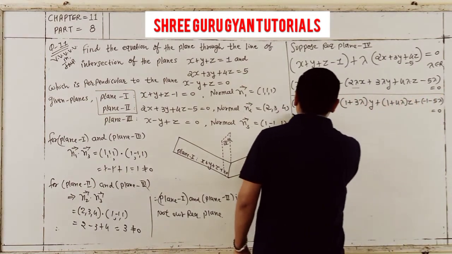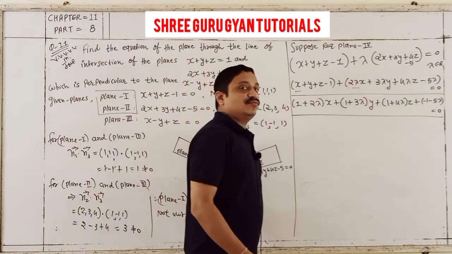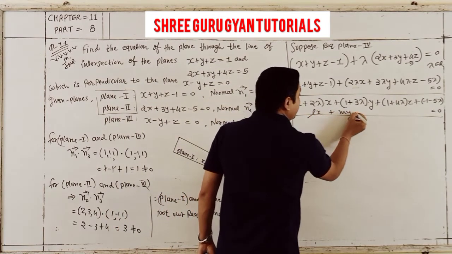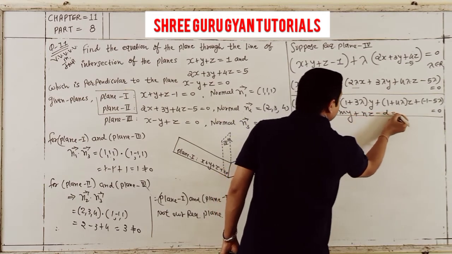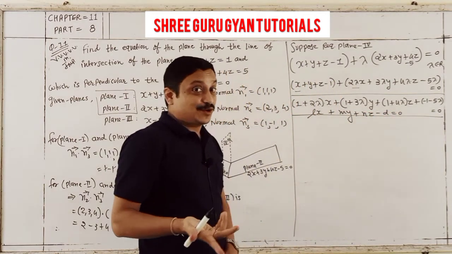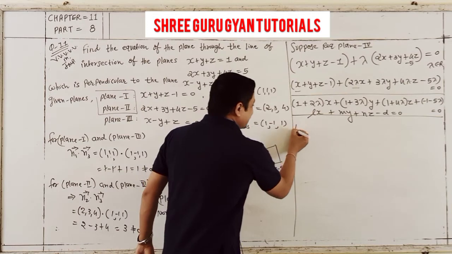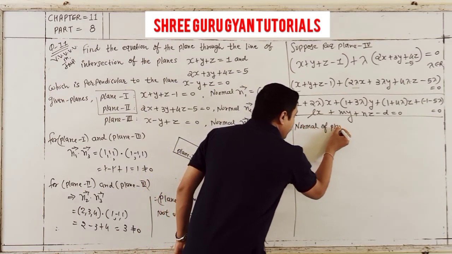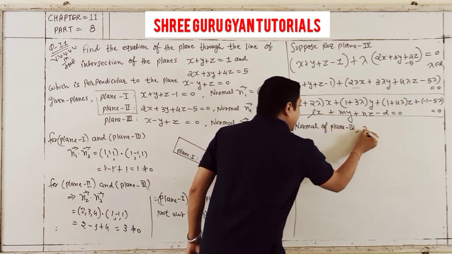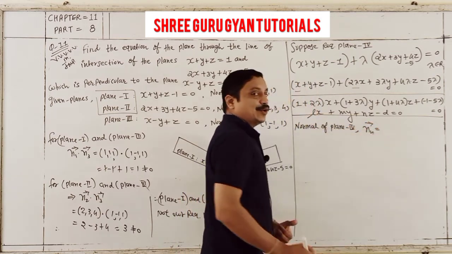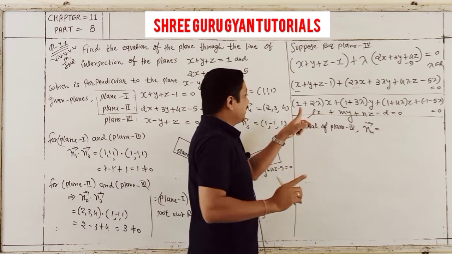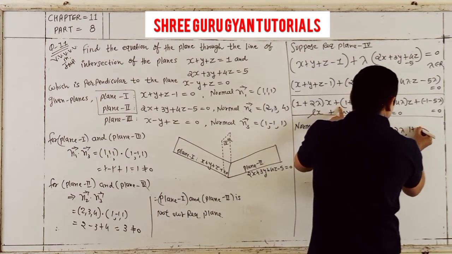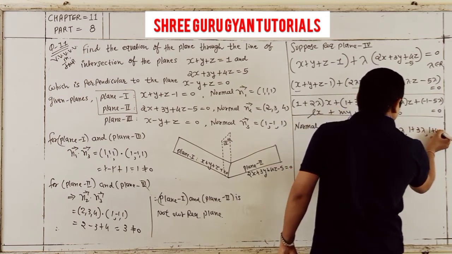Here this is the general form of the plane, Lx plus My plus Nz minus d is equal to 0. So the normal is defined: the normal of plane 4, n4, you can easily write as L, M, N: 1 plus 2 lambda, comma 1 plus 3 lambda, comma 1 plus 4 lambda.